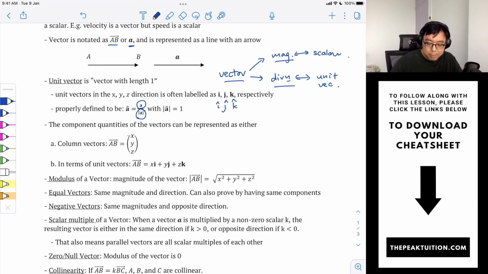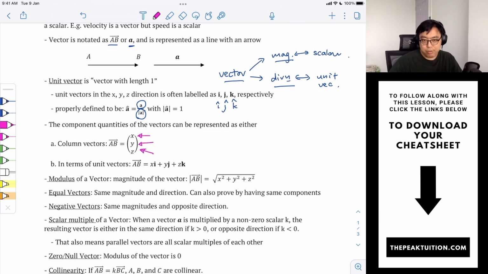What does this column mean? Your vector is traveling x in the first direction, y in the second direction, and z in the third direction.